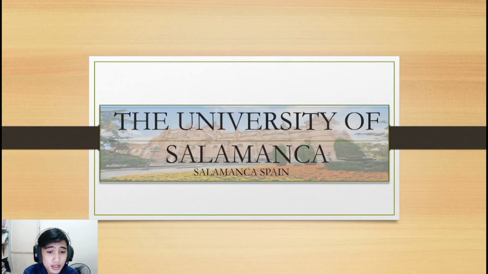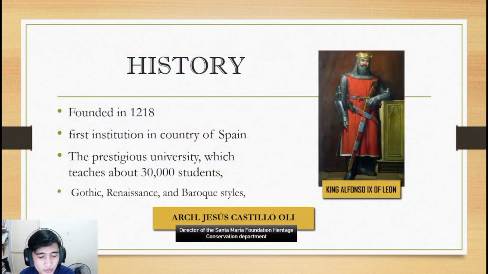For the second one is the University of Salamanca, located in Salamanca, Spain. For the first one, it was founded in 1218. The person who founded this university is the king of Galicia and the independent kingdom of Leon, King Alfonso IX of Leon, the first institution in the country of Spain.